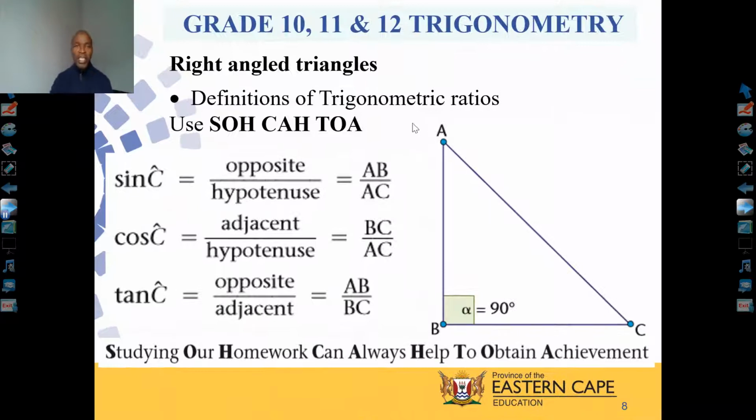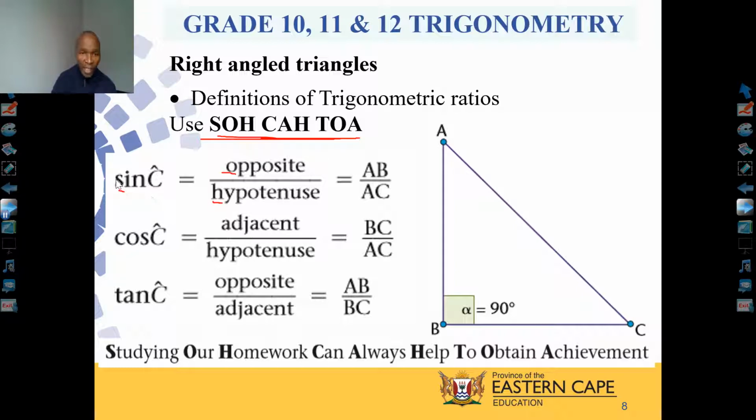Now, in right-angled triangles, again, we're still continuing, learners. Definition of trigonometric ratios, that's the subtopic. We use what is called SOHCAHTOA. What does SOHCAHTOA mean? It's just a way of having a common understanding of how the definitions in trigonometry work. SOH simply means sine is equal to opposite over hypotenuse.